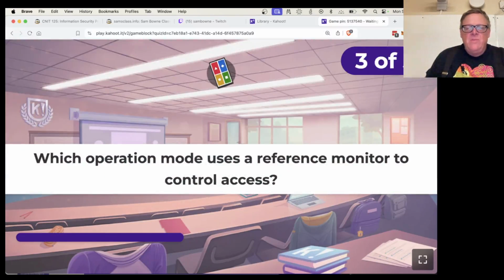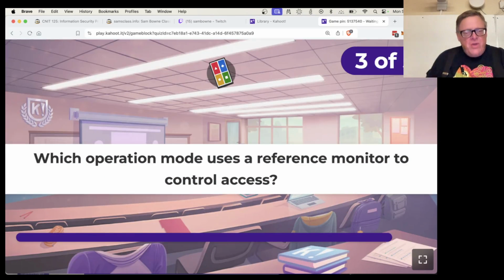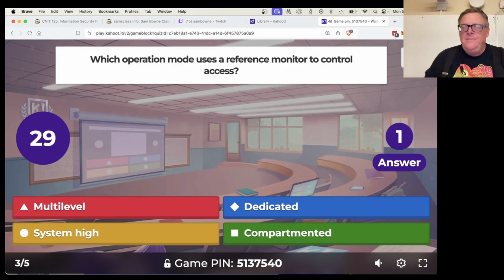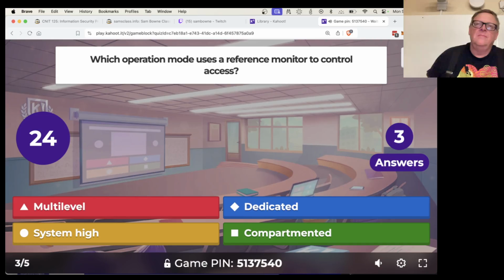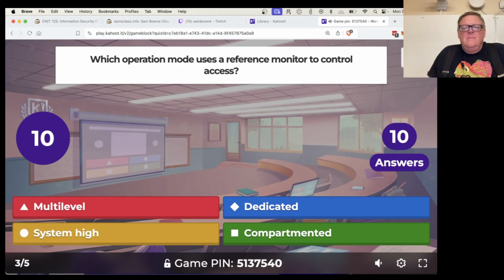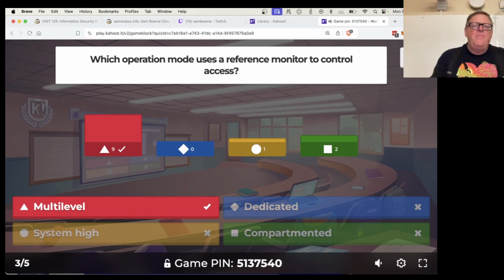All right, what operation mode uses a reference monitor to control access? That's multi-level.